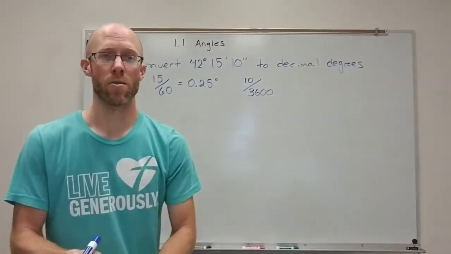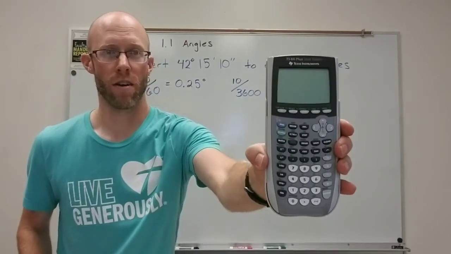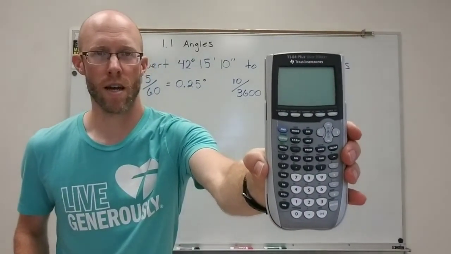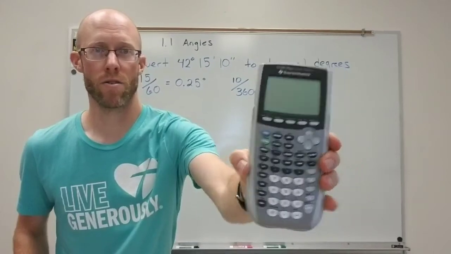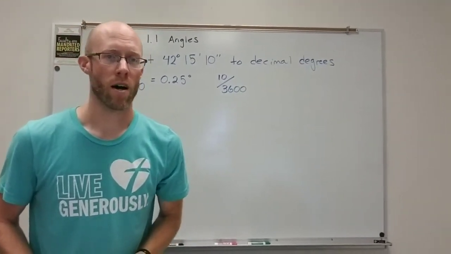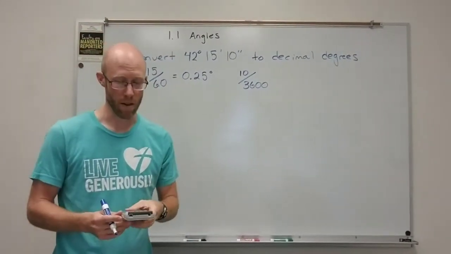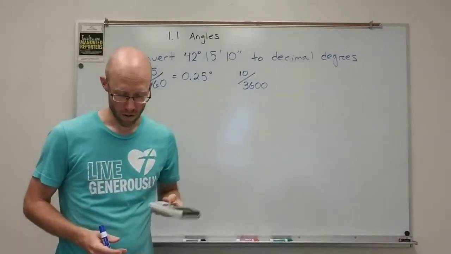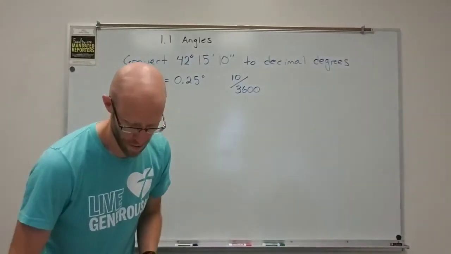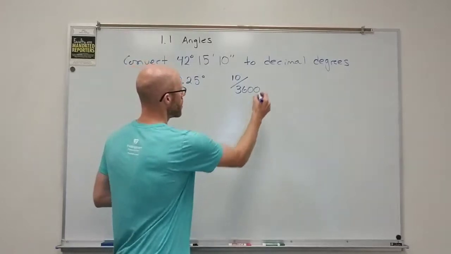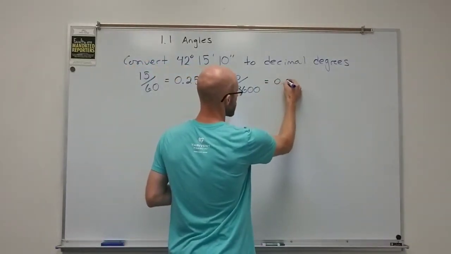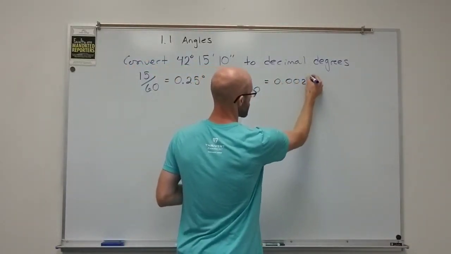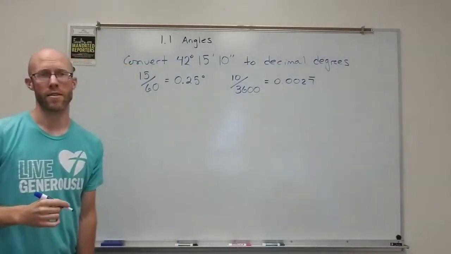However, I do have my handy calculator. I will be using this TI-84 Plus for this course, so you'll see me flash this from time to time. The calculator, I did this calculation earlier, gives me 0.0027 repeated as an output.